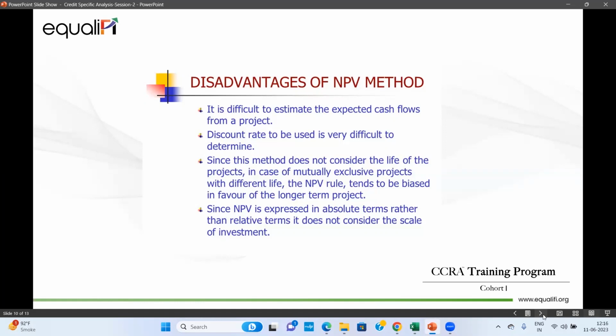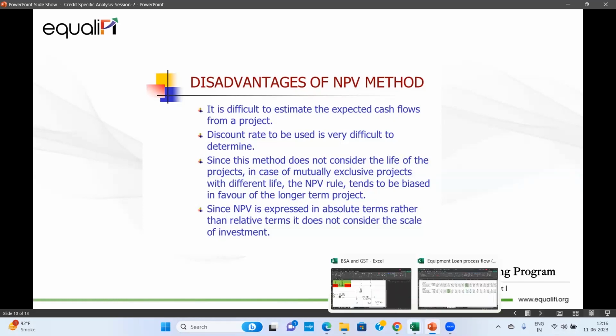So what does this mean? Why does the NPV rule tend to be biased in favor of the longer-term project? Anyone, please tell me. Why? Correct.